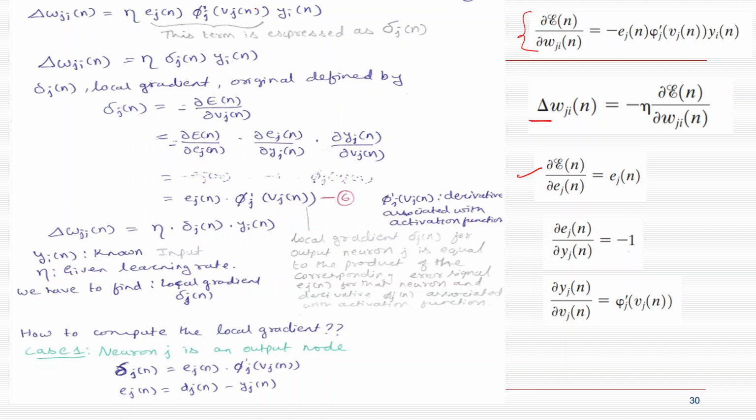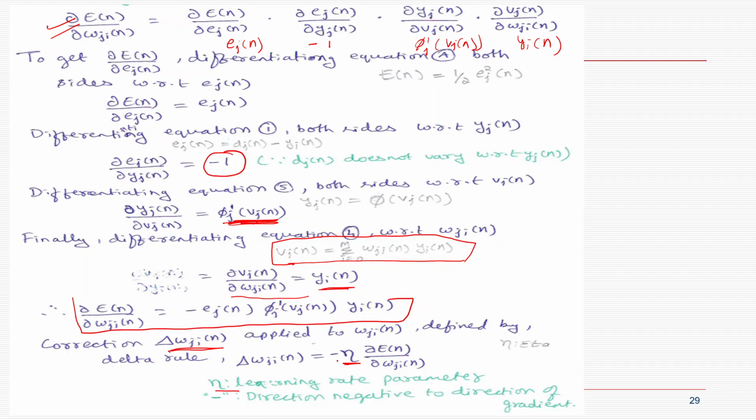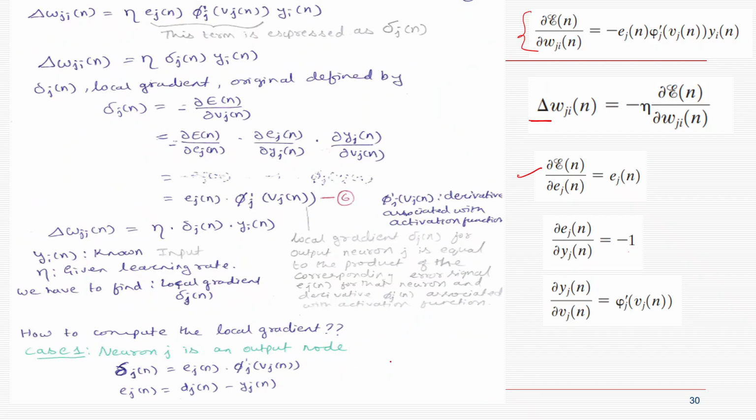Now, when we substitute, delta Wji is minus of eta and then differentiation of E of n with Wji of n. When we multiply with this particular term, the negative terms cancel out, the learning rate will remain, and we are going to get this term.